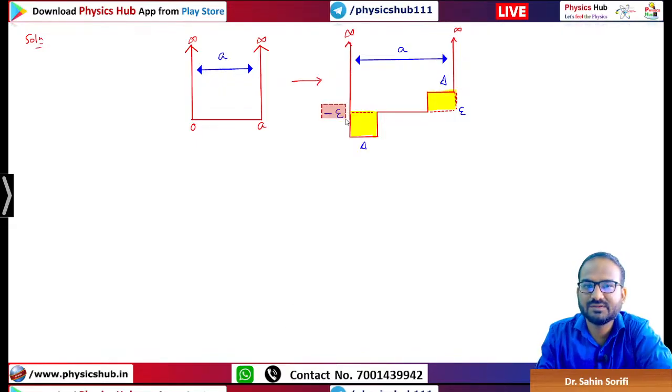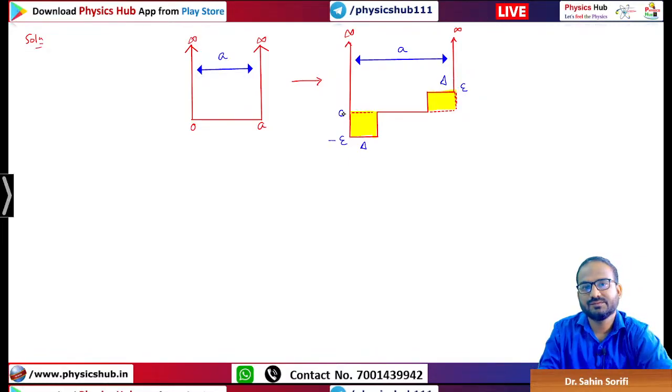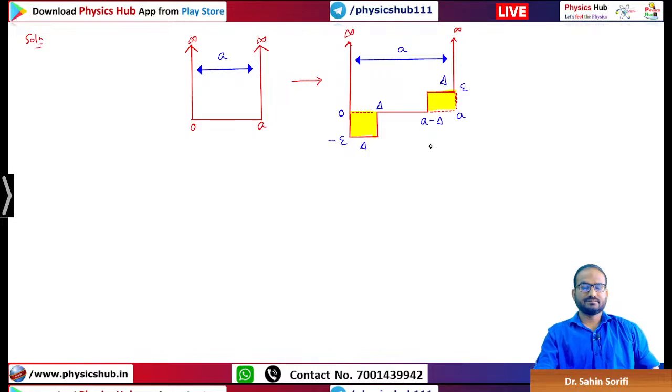Actually, these plus epsilon and minus epsilon are the heights. So if this is 0, this will be delta, and if the total is A, what will this value be? A minus delta, right? Is it clear? This point is delta, this point is A minus delta, and this is A.